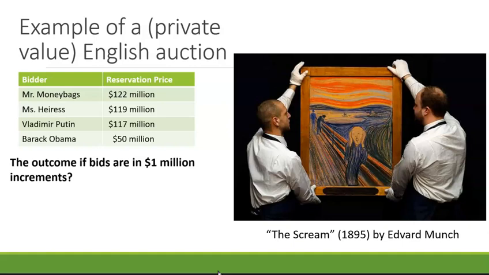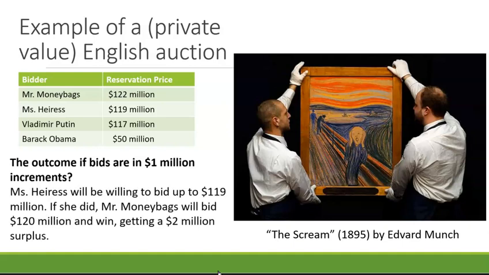What's the outcome of this auction going to be? Well, let's suppose, given these reservation prices, or maximum willingness to pay on the part of these different individuals, of course only they know those particular values, the bidding is going to take place.